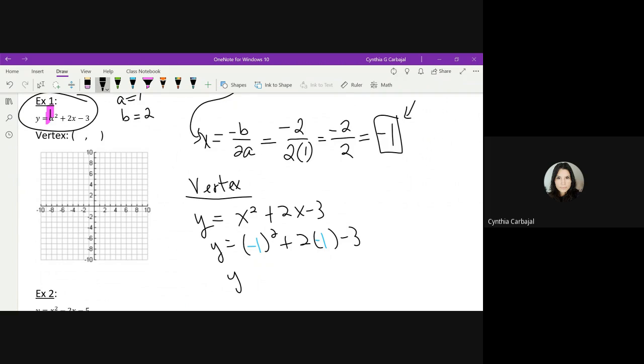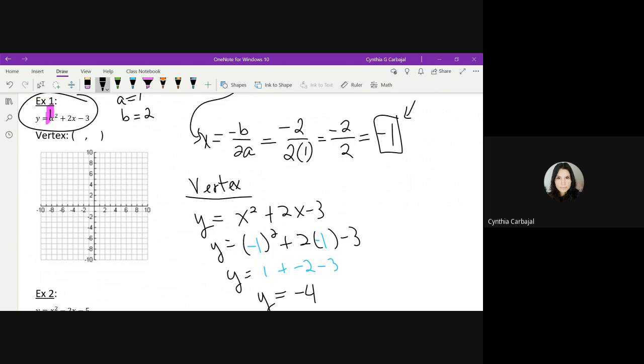So here, y equals -1 squared is going to be +1, plus 2 times -1 is going to be -2, minus 3. And then you just put them together, and y equals 1 plus -2 is -1, minus 3 is -4. So that's going to give me the y value for our vertex.